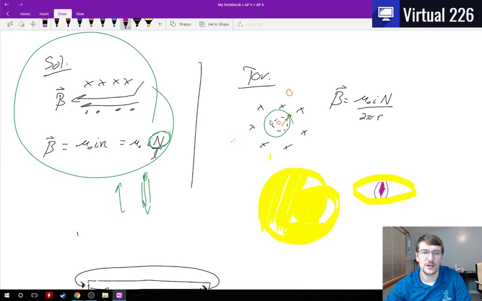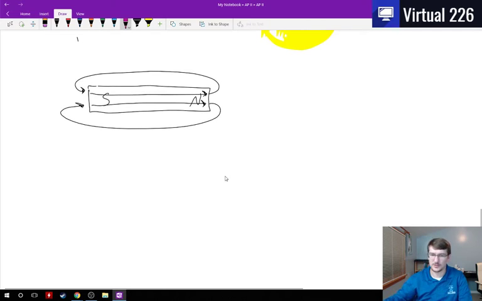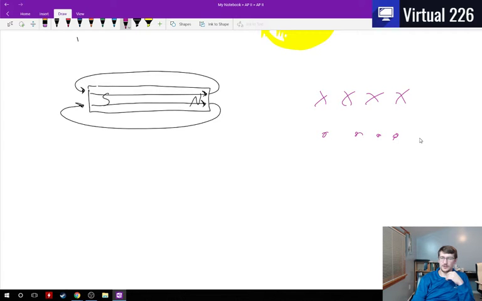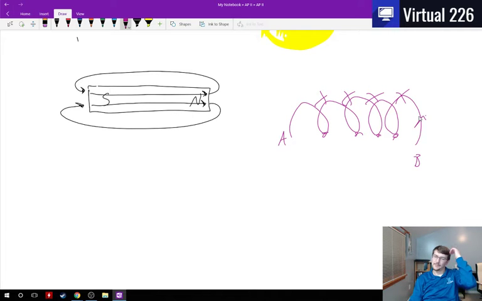So the current in this looks just like the current here, okay? It's going in, out, in, out, in, out, in, out, in, out. And this is A, and this is B. So the current's going like that.